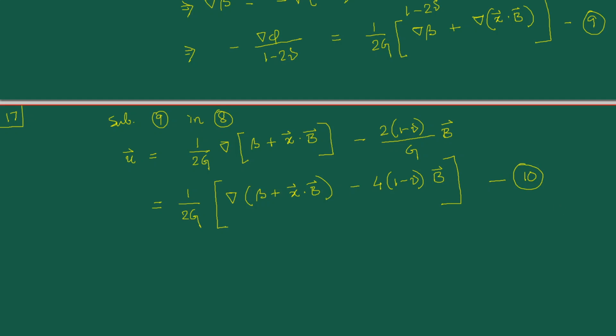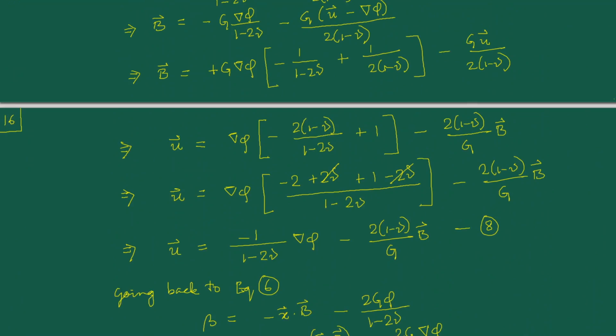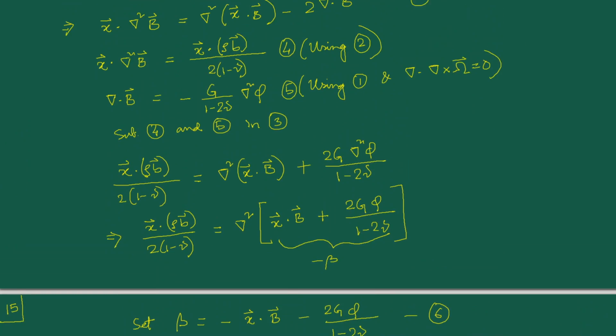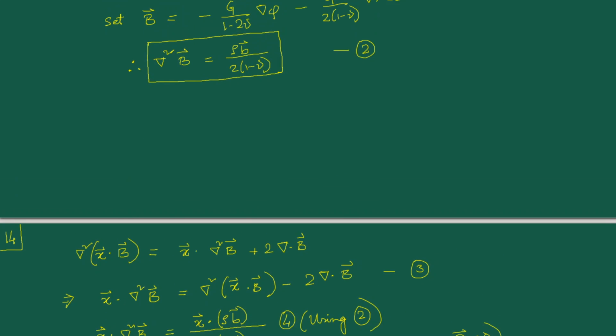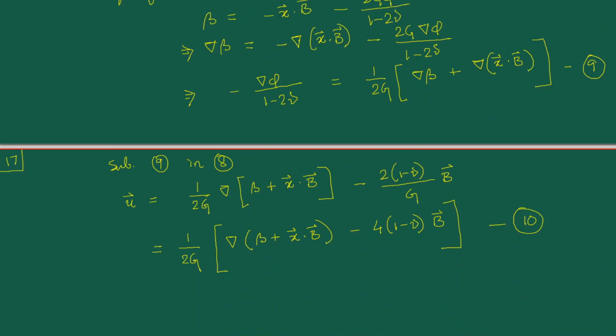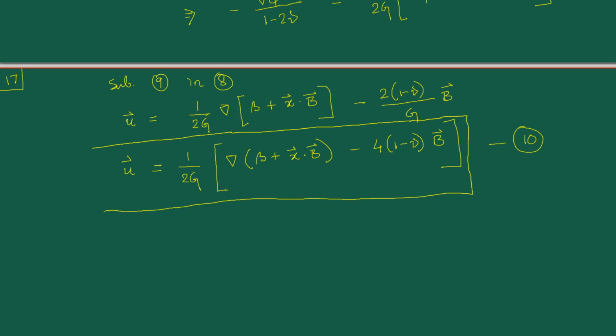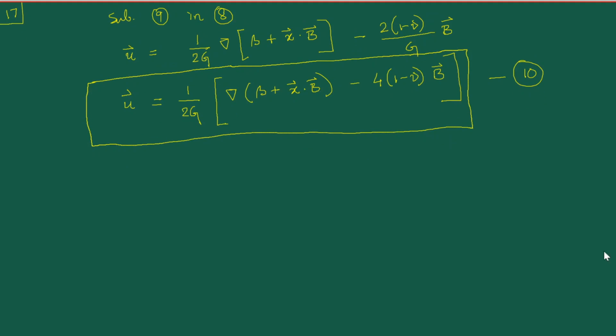Now previously we had obtained equation number 7, and we had also obtained equation number 2, and now we are obtaining equation number 10, which is basically our u vector. Let me put a box around this entire thing.